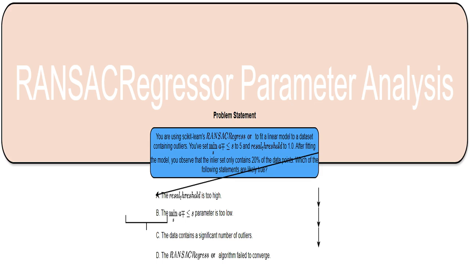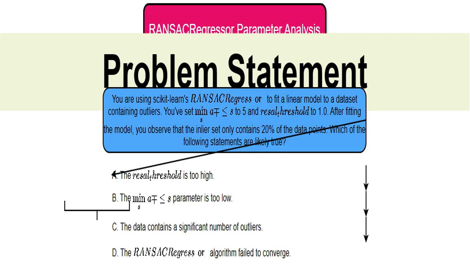We will analyze its behavior given a specific outcome. We are given a scenario. RANSACRegressor is used, with min_samples set to 5 and residual_threshold to 1.0. Only 20% of data points are classified as inliers after model fitting. The goal is to determine what might have caused such low inlier percentage.